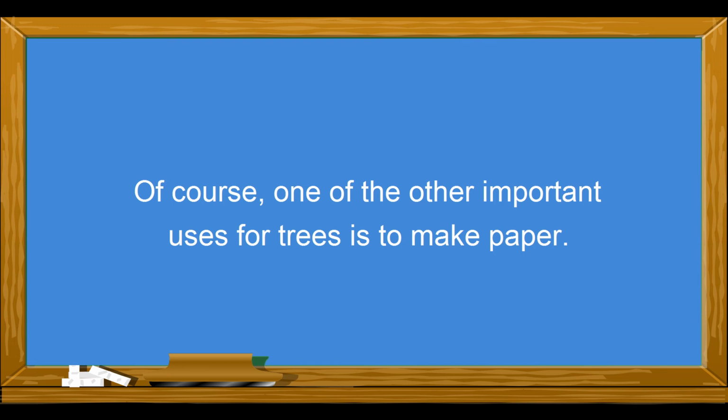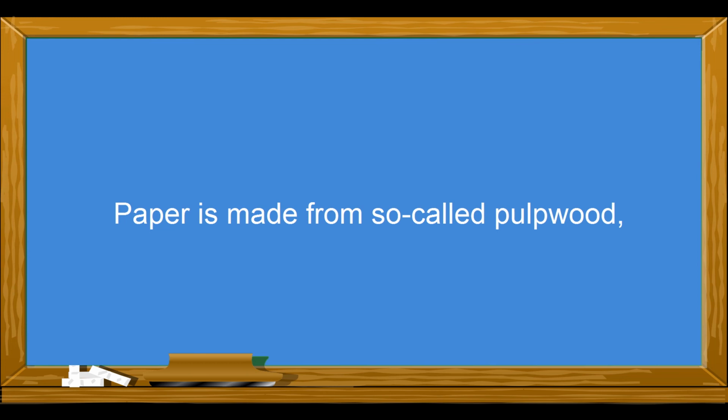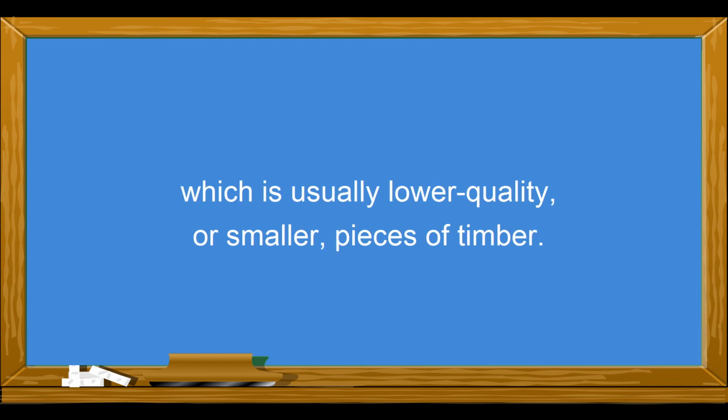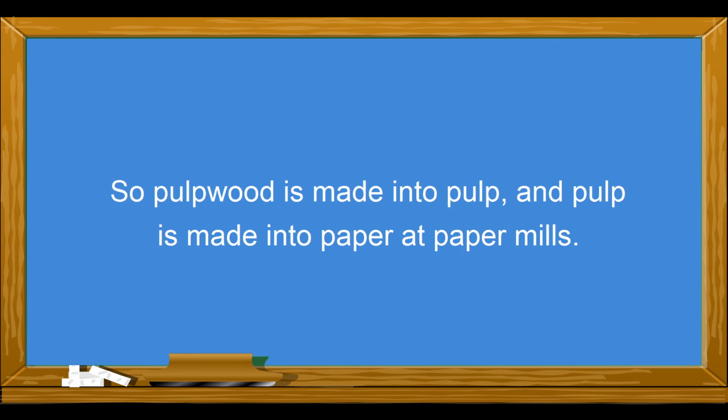Of course, one of the other important uses for trees is to make paper. Paper is made from so-called pulpwood, which is usually lower quality or smaller pieces of timber. So, pulpwood is made into pulp, and pulp is made into paper at paper mills.